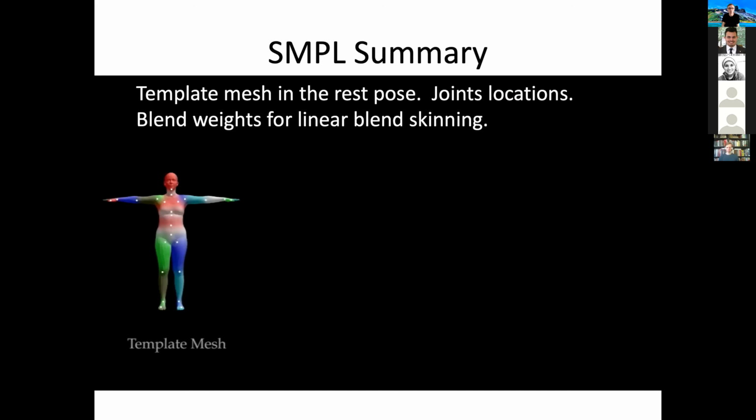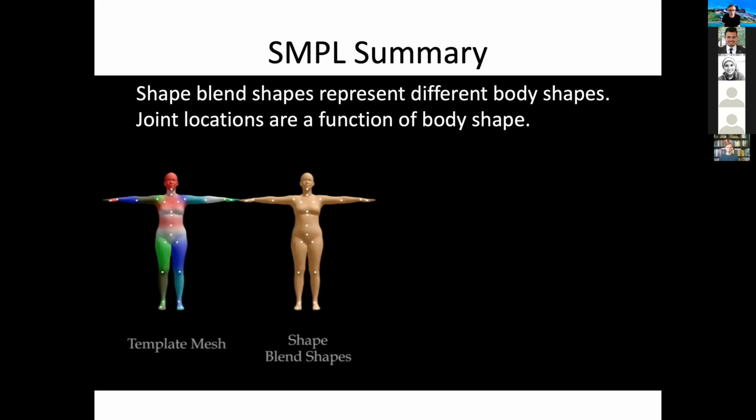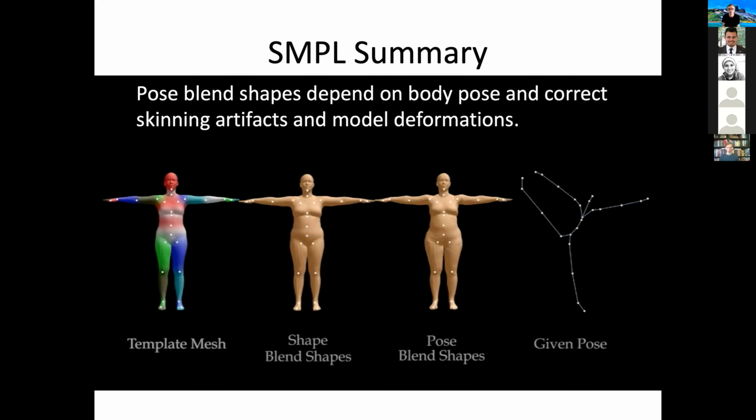Okay, so here's a template mesh with learned blend weights and white dots corresponding to the joints in this rest pose, the T pose. When we add blend shapes, these are the principal components that you saw before, the body shape changes, and notice that the joints are changing with the body shape. This is critical. So we have to learn a function relating joints to body shape so that we can change the shape.